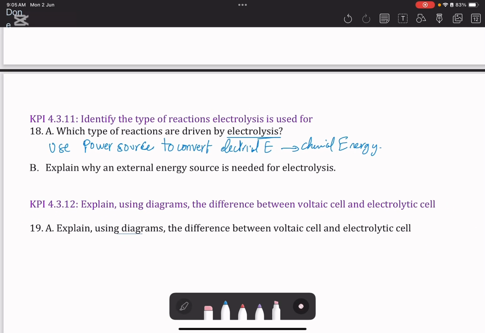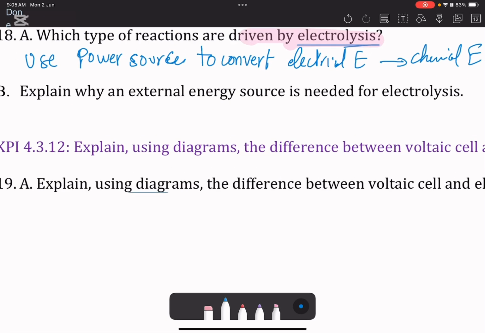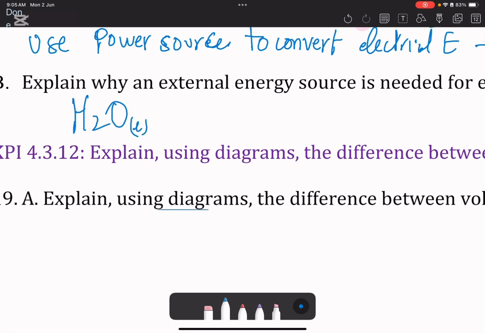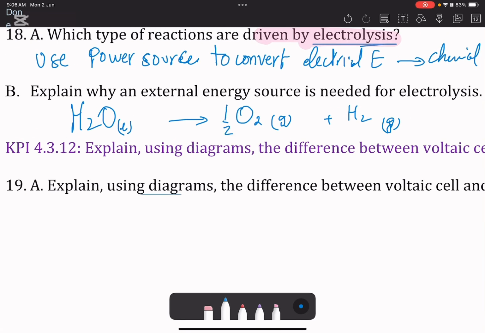So here, which type of reactions are driven by electrolysis? Non-spontaneous reactions. Explain why an external source is needed. Because for example, in the electrolysis of water, H2O that is liquid, there's no way the H2O can give you oxygen gas and hydrogen gas just like that by looking at it.